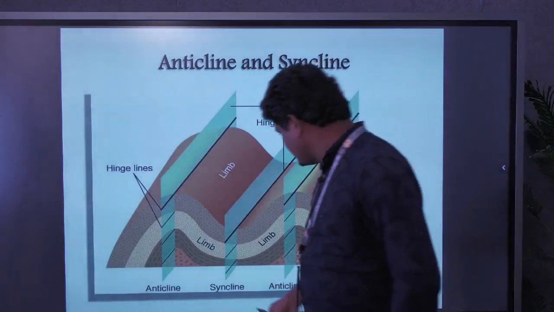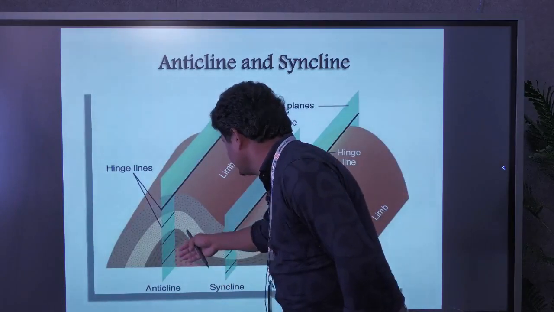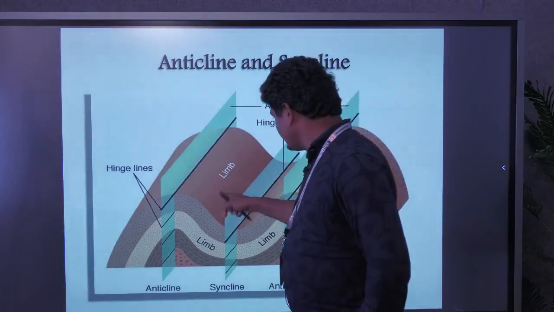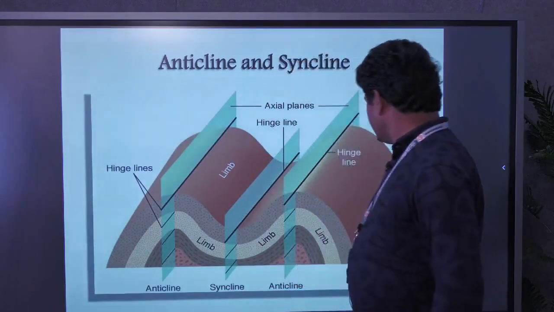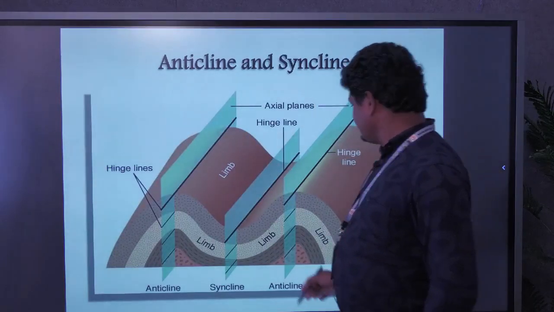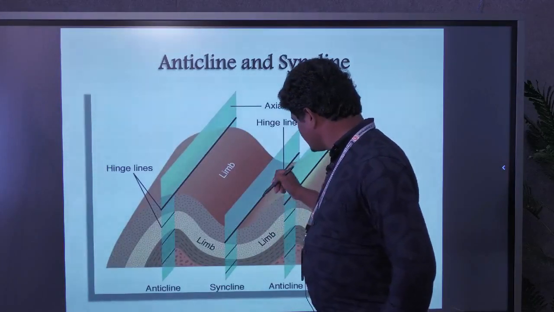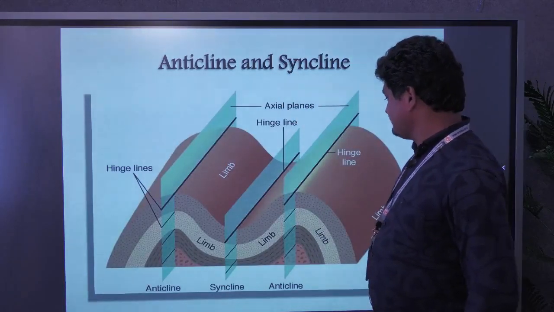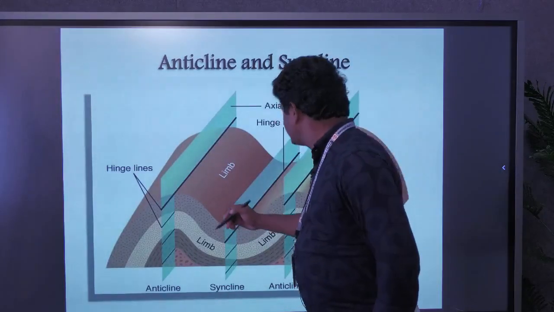If you look at the anticline and take a cross section across the different hinge lines, we can identify the different types of limbs. At the same time, we have to look at the syncline structure. The limbs on the convex side are directed away from each other, and on the concave side they are directed towards each other.